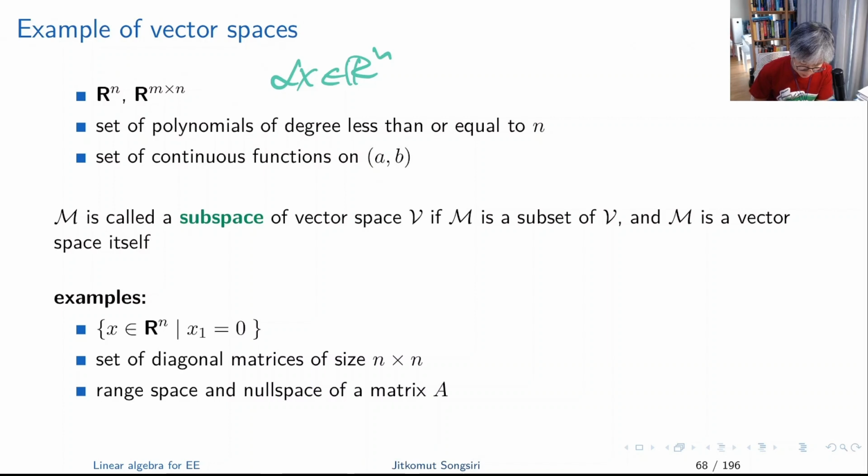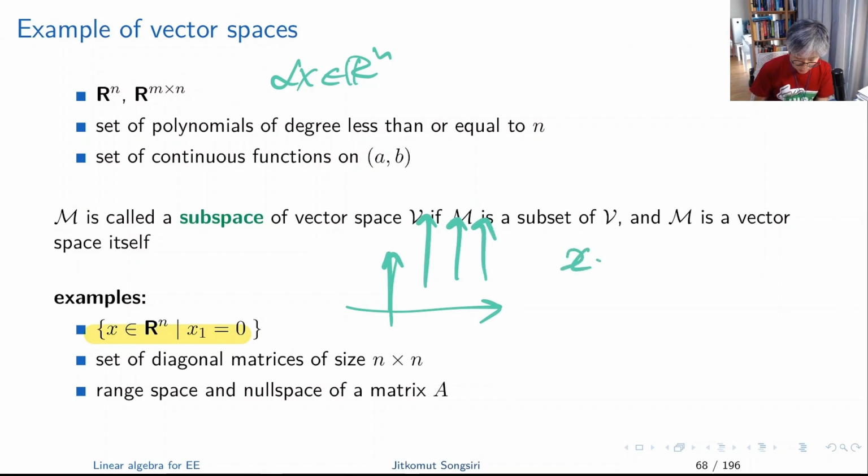Okay, and to review, a vector space could have a subspace. A subspace of a vector space is basically a subset M that is itself a vector space. So think about the special case, for example, in R2. In R2, if you only talk about Euclidean vectors where the component x1 is 0, so x2 can be anything, all right?